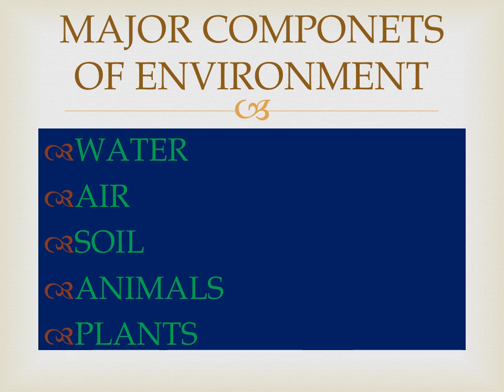Candidates, what are the importance of air? Air is important to us in the following ways. 1. Air is required by all living things for respiration, that is, breathing in. 2. Carbon dioxide is needed by plants to make food during the process of photosynthesis.